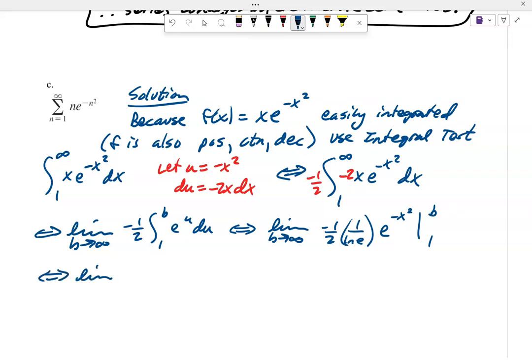Of course, ln of e is just 1. So I've got the limit as b goes to infinity of negative 1 over 2e to the x squared from 1 to b.